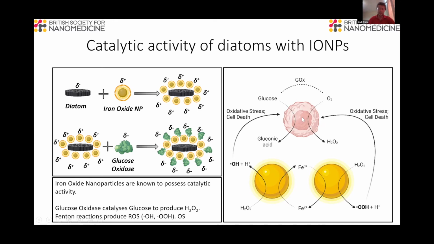So standard biochemistry in cells, glucose will react with oxygen in the presence of glucose oxidase to produce gluconic acid and hydrogen peroxide. Now, iron oxide nanoparticles will undergo Fenton reactions and react with hydrogen peroxide to produce free radicals or reactive oxygen species, and these can then go on to initiate oxidative stress in cancer cells and then go on to initiate cell death as well.